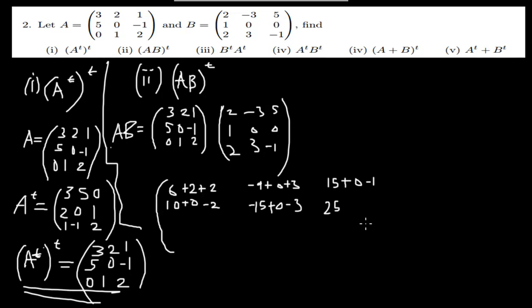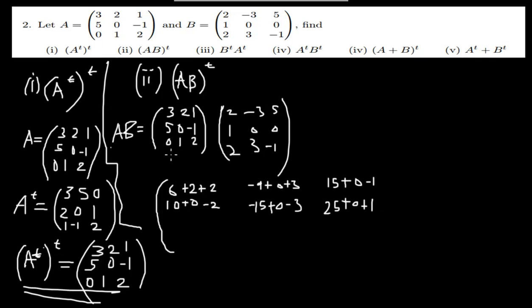And then 0 times 0 you get your 0. Negative 1 times negative 1, you're going to get a positive 1.